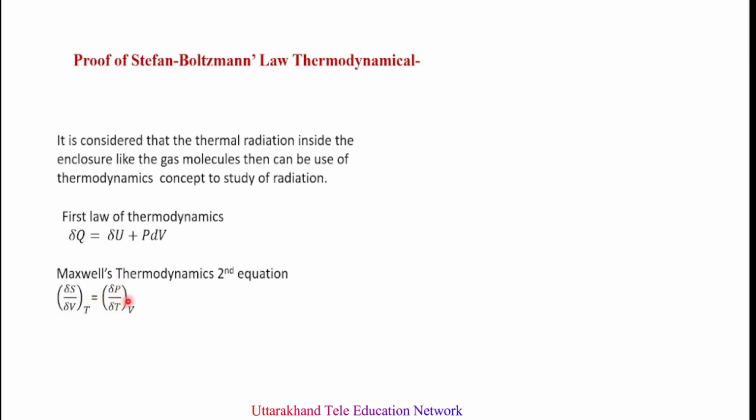And we have the second law of thermodynamics, dS = dQ/T, where dS is the change of entropy, dQ is the amount of heat, and T is the absolute temperature.